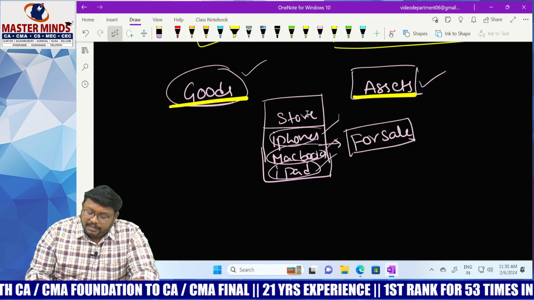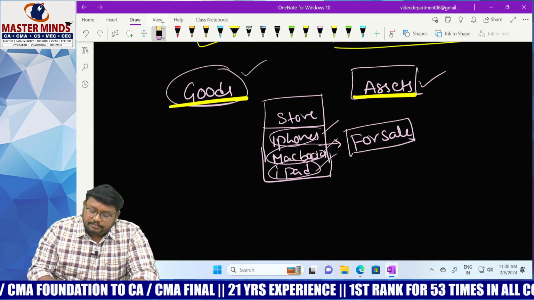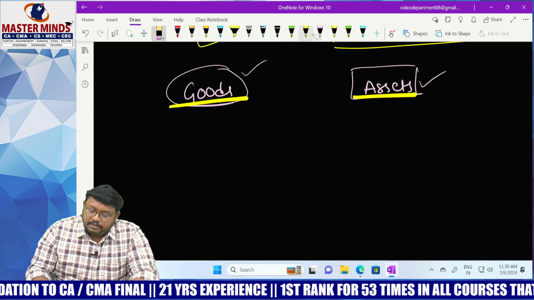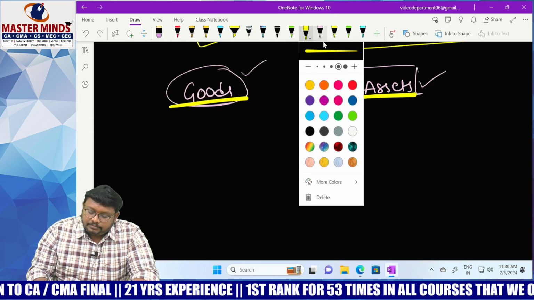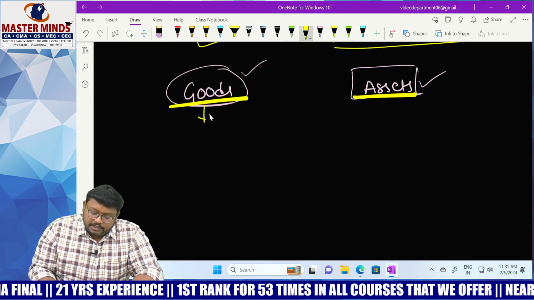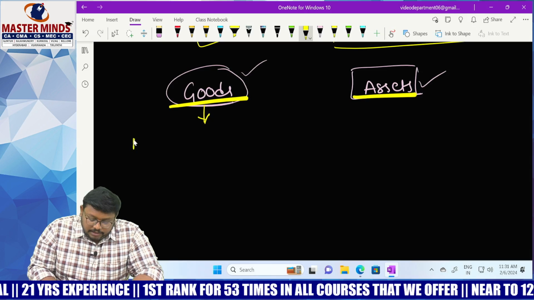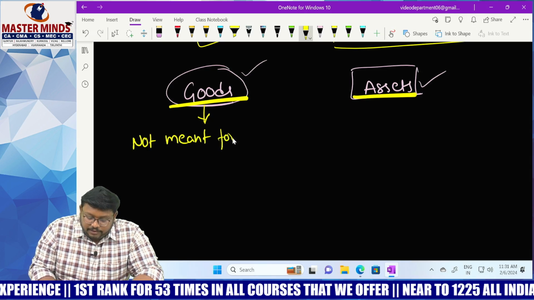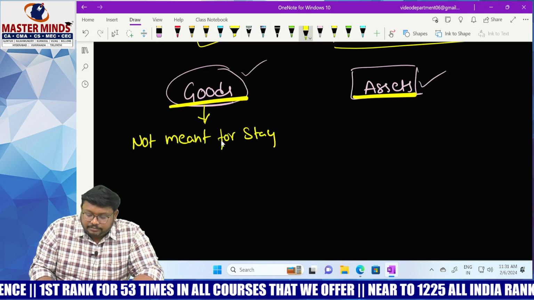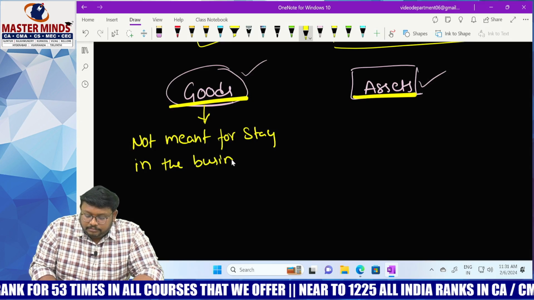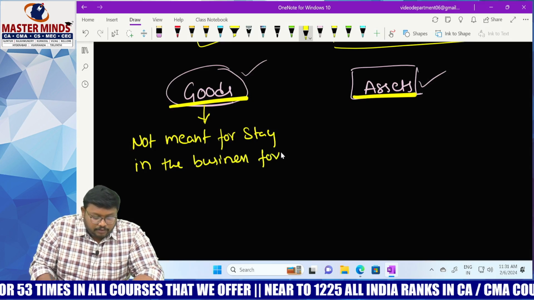So what is the difference between goods and assets? Check it out. Goods are not meant to stay in the business for long term.